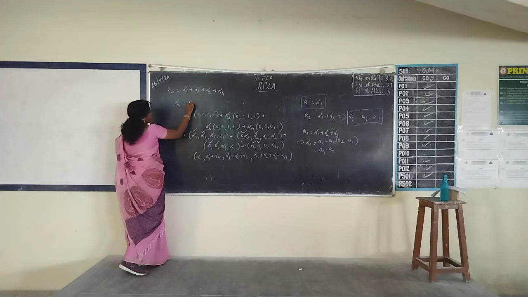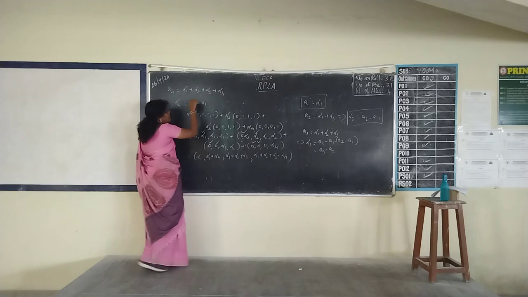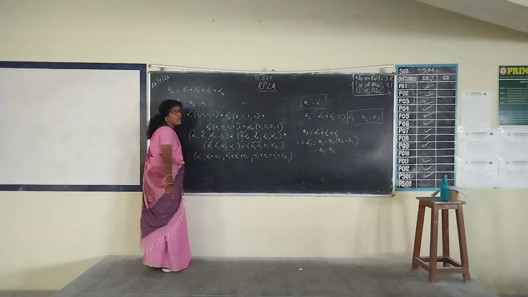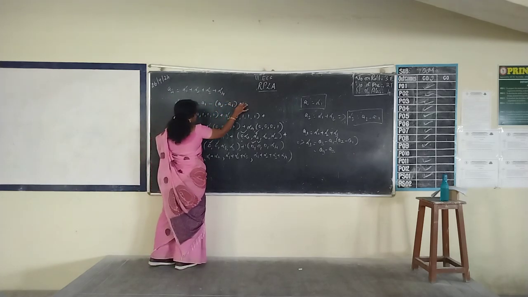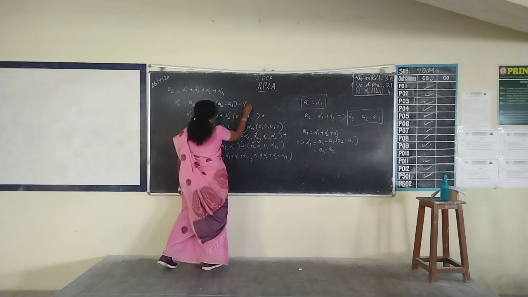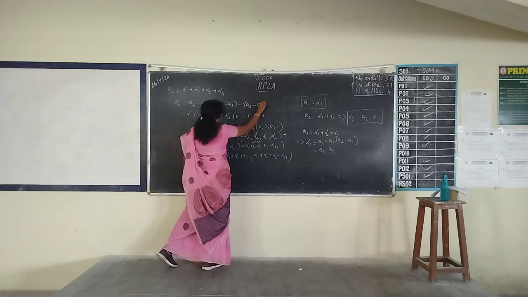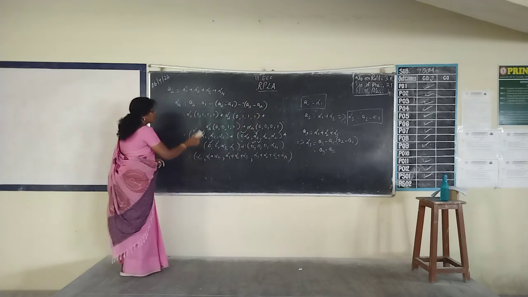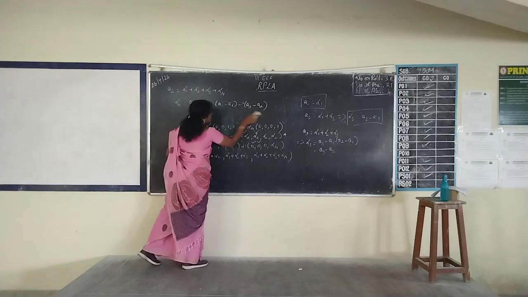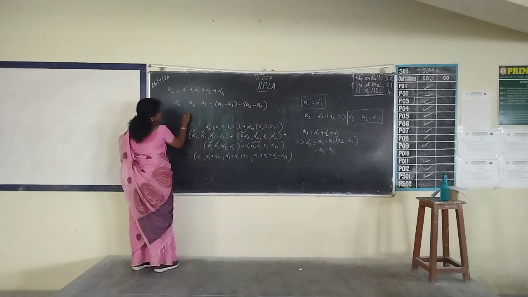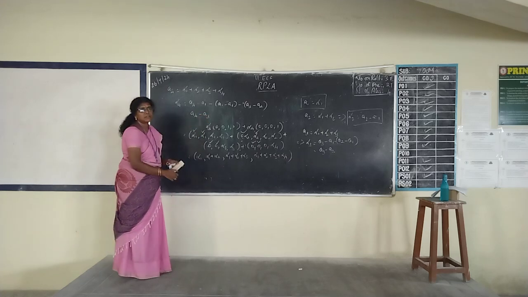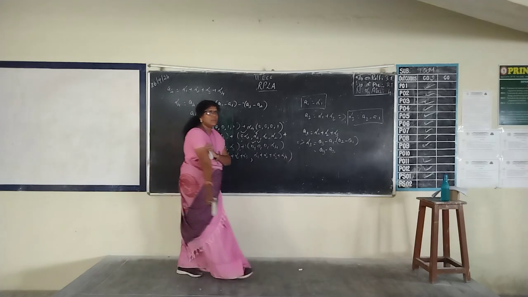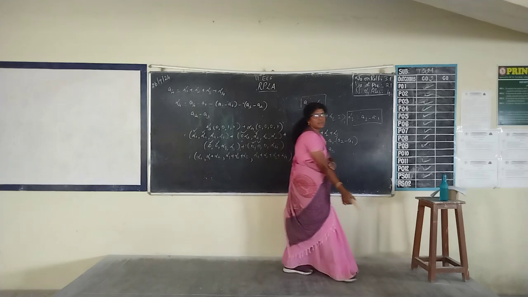That is equal to A4 minus alpha 1, which is A1, minus alpha 2, which is A2 minus A1, minus alpha 3, which is A3 minus A2. Find what is alpha 4? A4 minus A3. Whether all the terms are getting cancelled? Yes or no? We are able to find the alpha values or not?